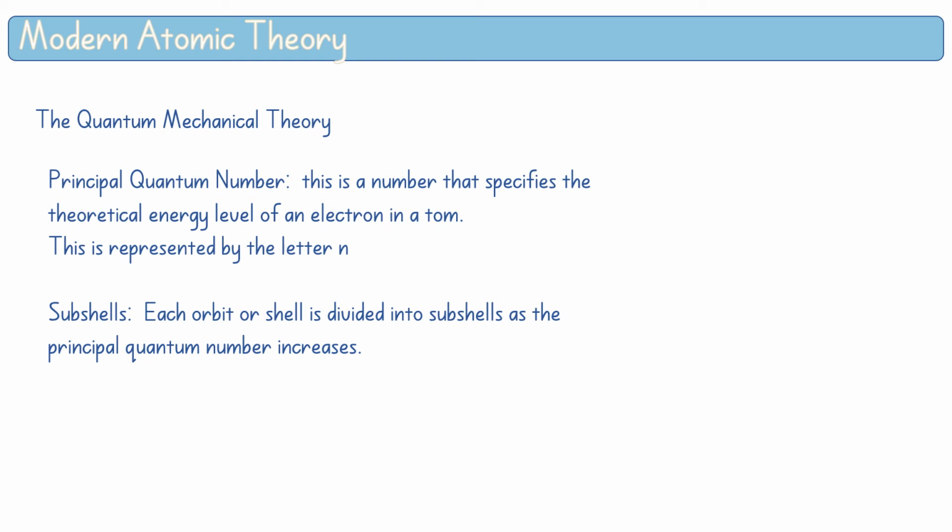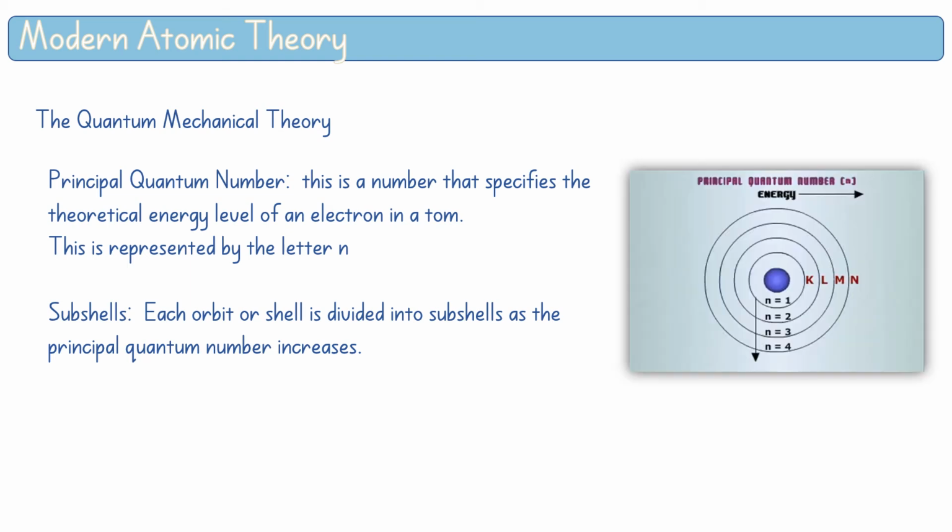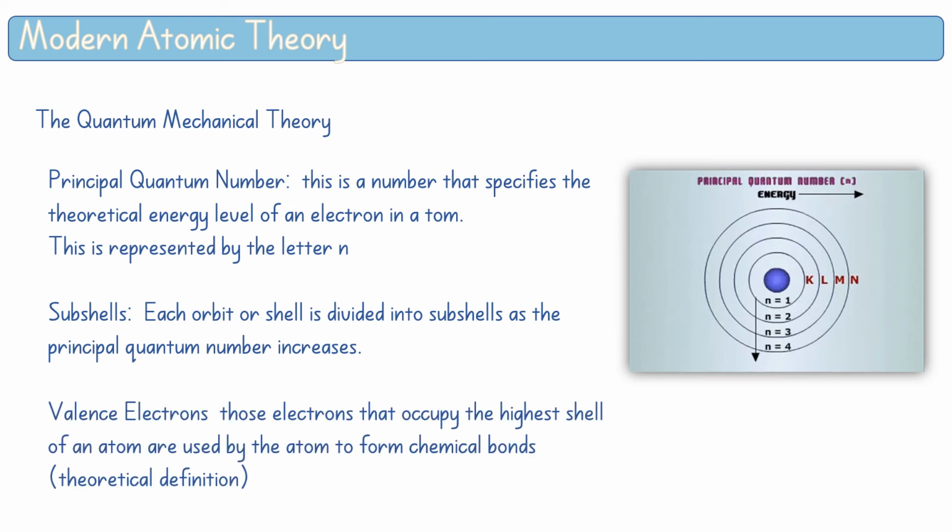Each orbit or shell is divided into subshells as the principal quantum number increases. So in energy level 1, N is 1, and it's the K. N is 2 is represented by L. N is 3 represented by M, and N is 4 represented by N.